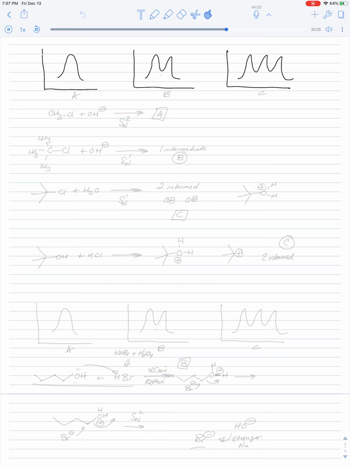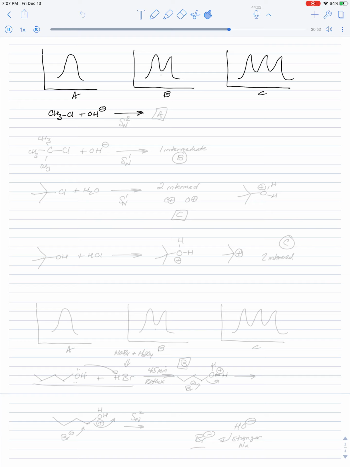So let's say I give you CH3Cl plus hydroxide. One hump, A. One of the things we're going to need to know is the chart.